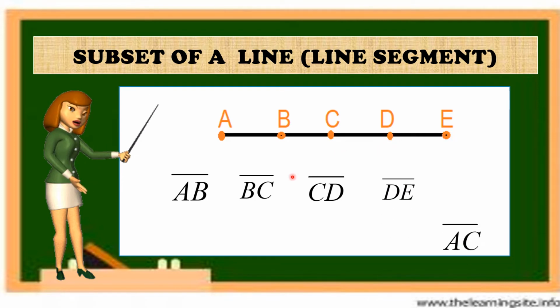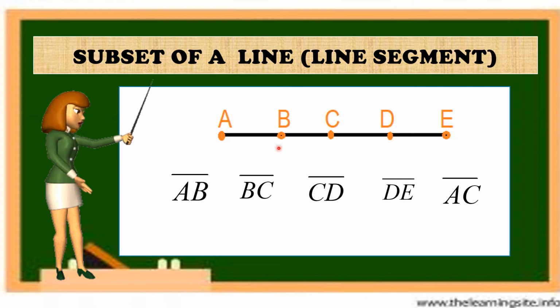We can also have line segment AC. We have also line segment BD, line segment CE, line segment AD, line segment BE, and the last one, line segment AE.